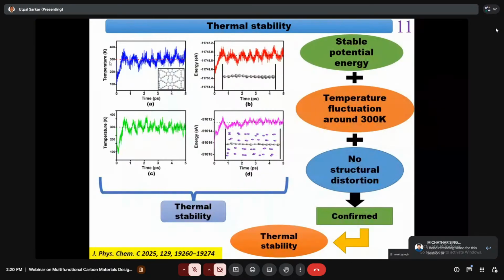You see, the temperature is fluctuating around 300 Kelvin, and in the absorbed system, potassium sodium absorbed system, you see there are not that many fluctuations. Once this initial transient is over, it is fluctuating around very small values.